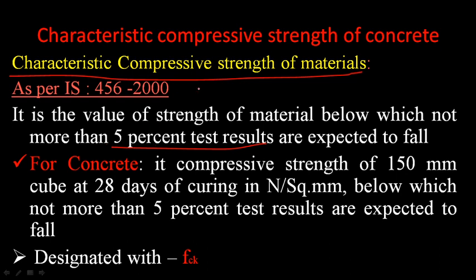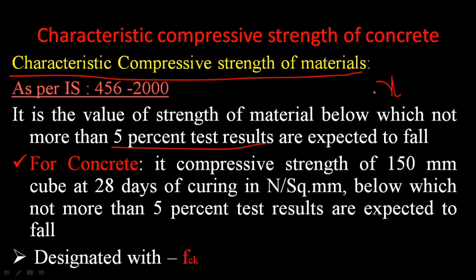Say you want to check the strength of a particular material, and you want to say it is the characteristic strength of that material. Let us consider the strength of that material is X. You have prepared 100 samples of that material to know its strength.